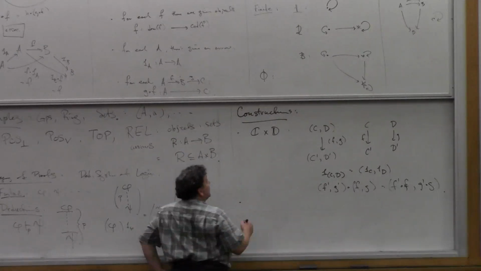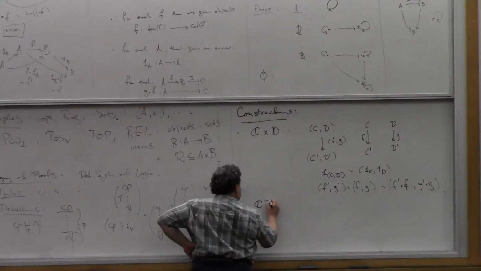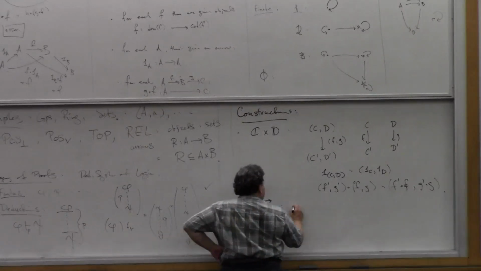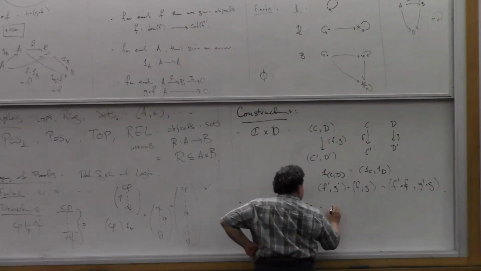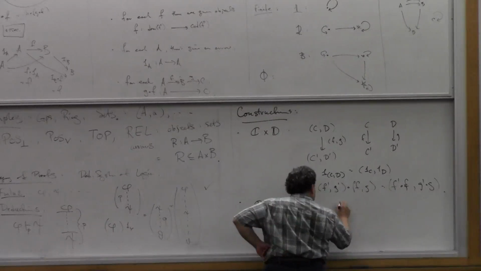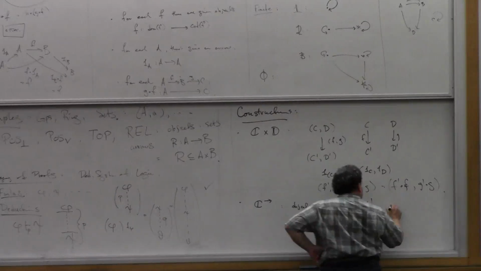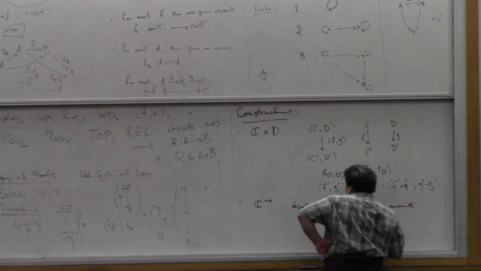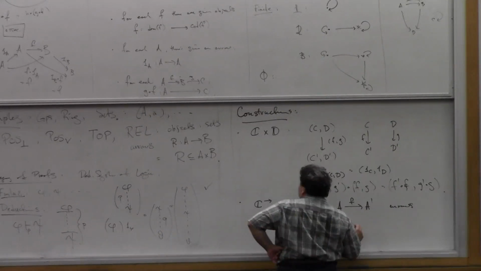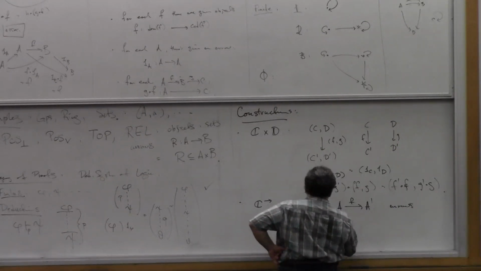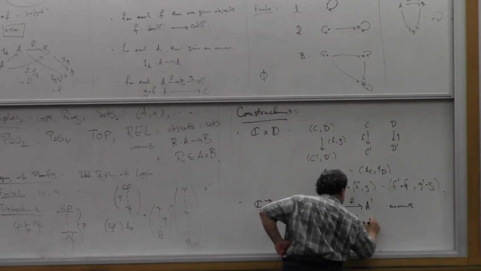Another example of a construction on categories is the arrow category. So given a category C, the arrow category of C has as objects the arrows of C. So let me say A, F, A prime, arrows of C. The arrows are going to be F, A prime.